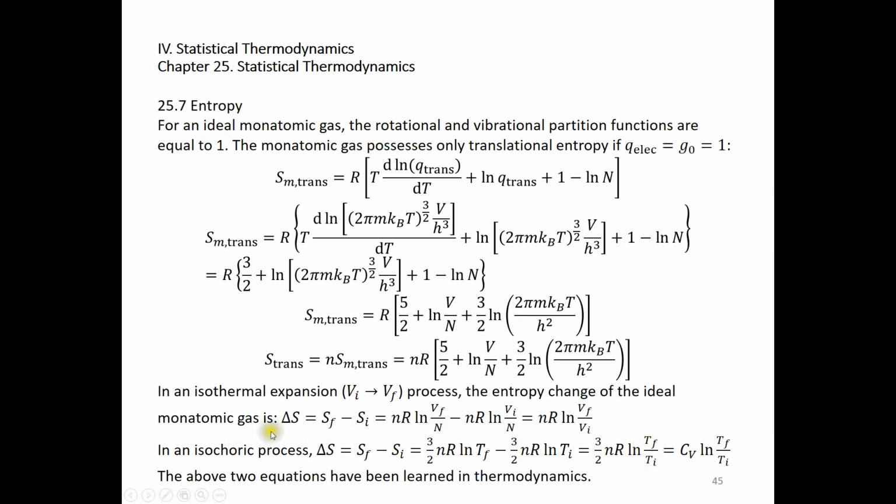It turns out for monatomic gases, 1.5 nR is the value of C sub V. So the entropy change is C sub V times the logarithm of the temperature ratio. We also proved this in thermodynamics. So again, starting from this equation in statistical thermodynamics, we can prove equations in thermodynamics like this too.